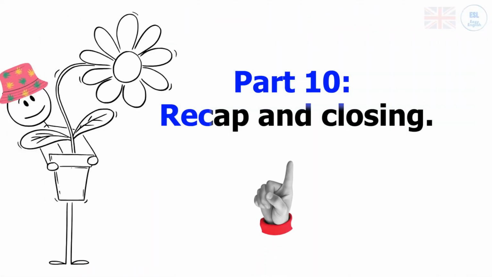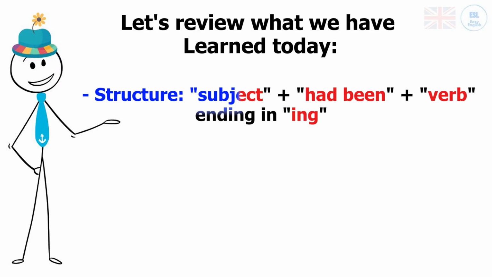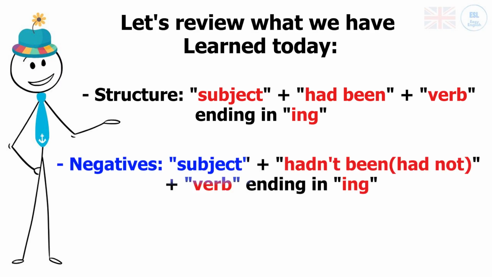Part 10. Recap and closing. Let's review what we have learned today. Structure: subject plus had been plus verb ending in ing. Negatives: subject plus hadn't been, had not, plus verb ending in ing.